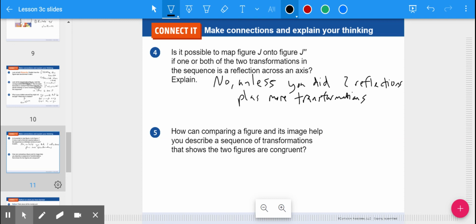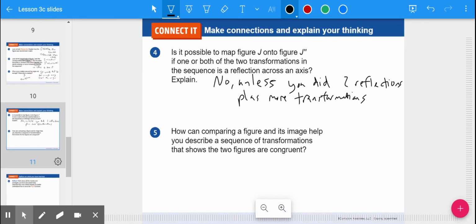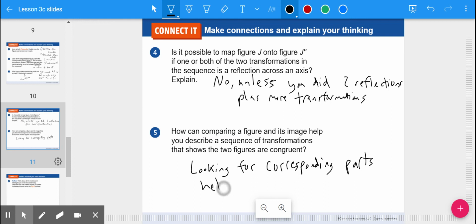Number 5, how can comparing a figure and its image help you describe a sequence of transformations that shows the two figures are congruent? Well, the big thing here is looking for corresponding parts. If you look for corresponding parts, it helps you figure out the correct transformations.